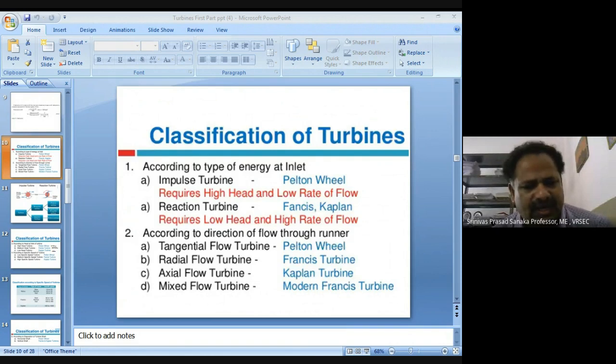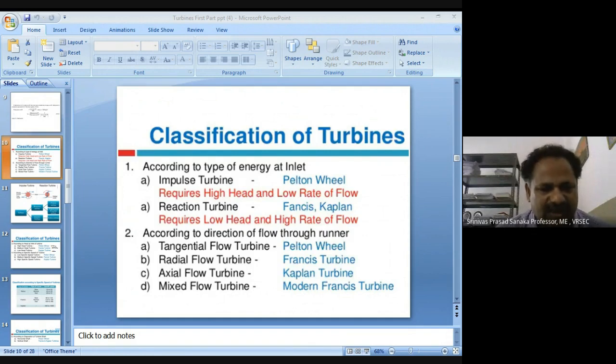Suppose at the inlet of the turbine, the energy available is the sum of kinetic energy and pressure energy. Such a turbine is called a reaction turbine.